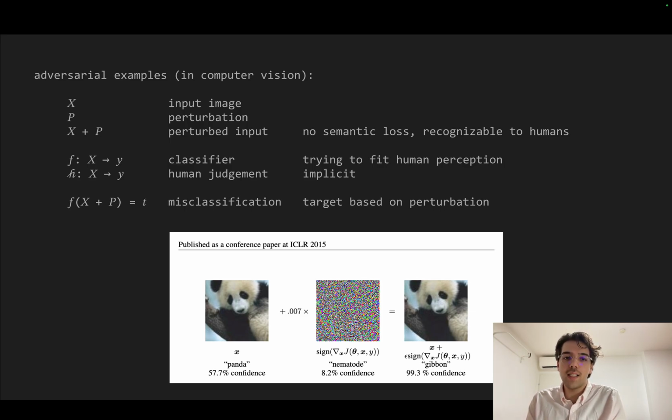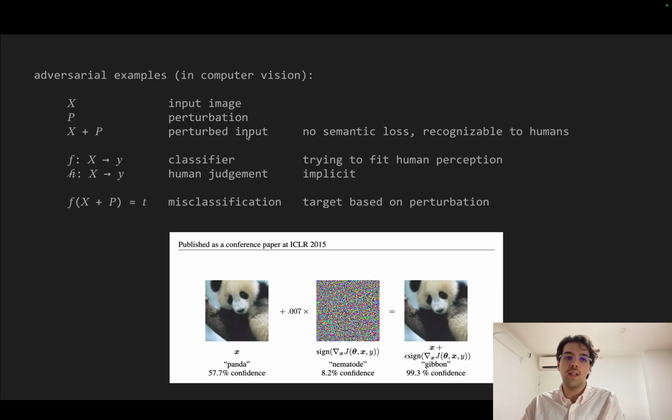Then you have the classifier that is trying to fit itself to the human perception function, which is implicit and which we can't actually quantify. We only generate test sets that allow us to approximate it, but the discrepancy between these two functions and models is actually what allows misclassifications that are targeted based on the perturbation.